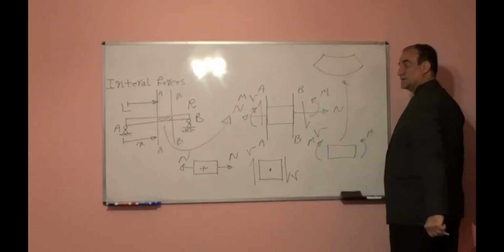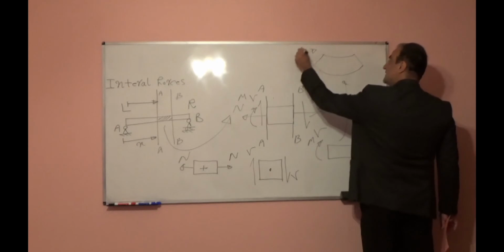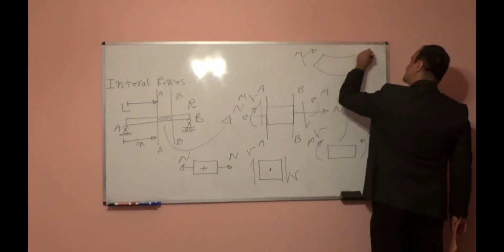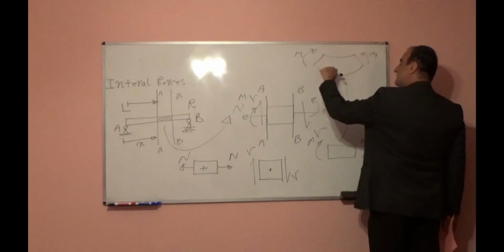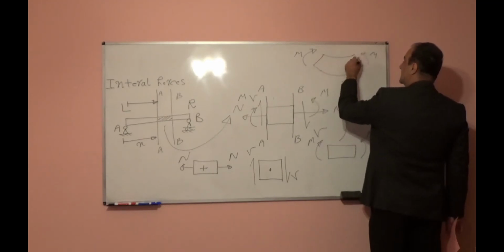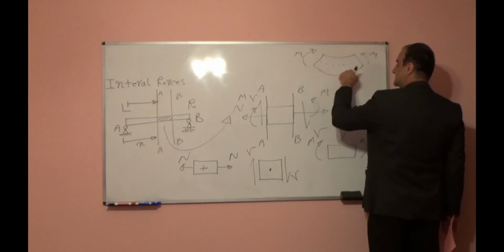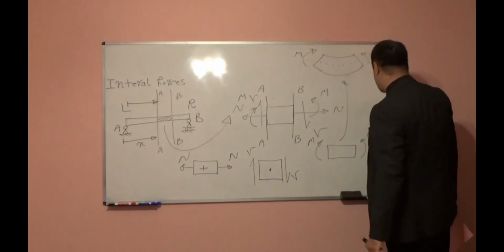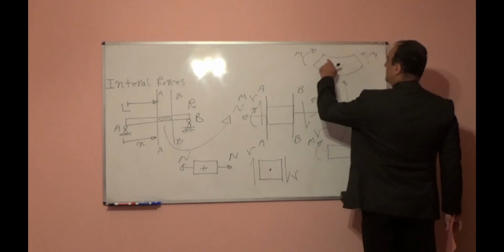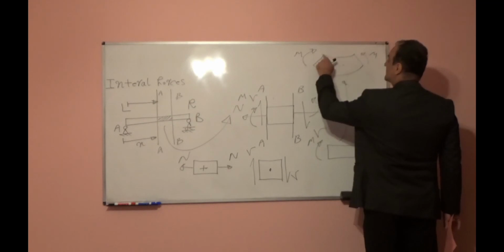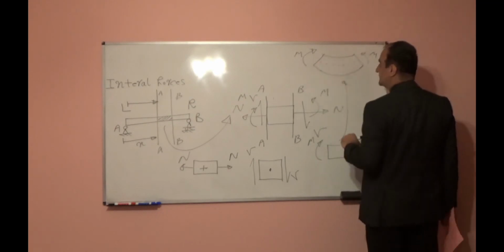You can visualize that. You will have elongation in the bottom of the beam in the extreme fiber, and contraction in the top fiber.